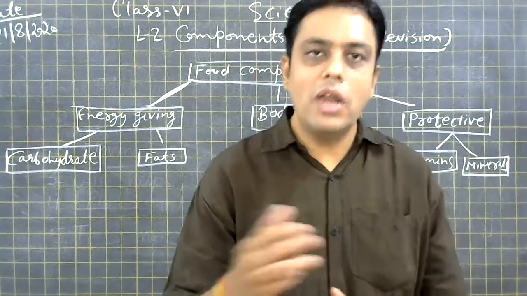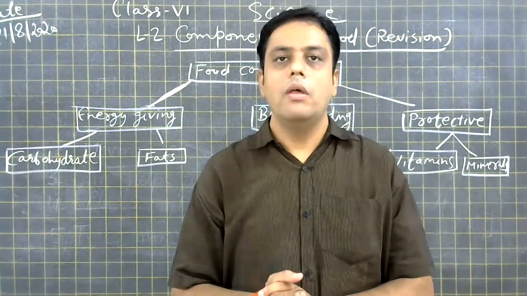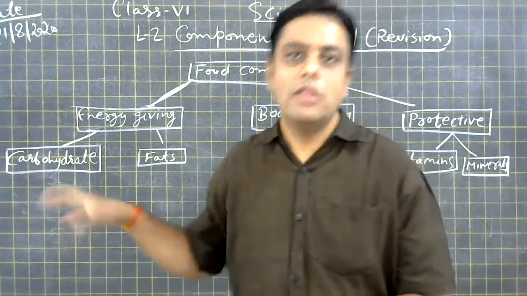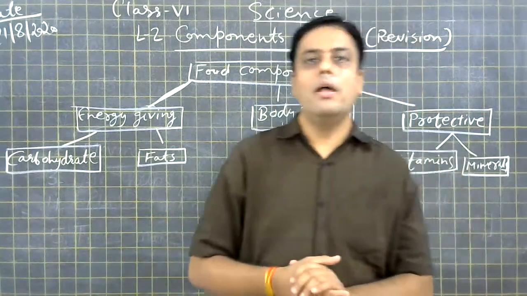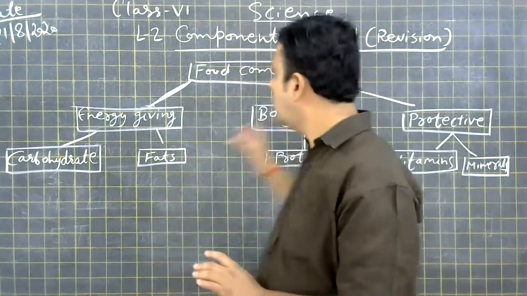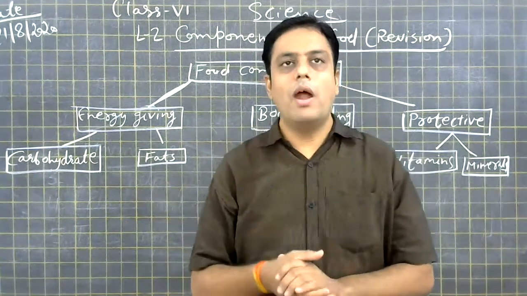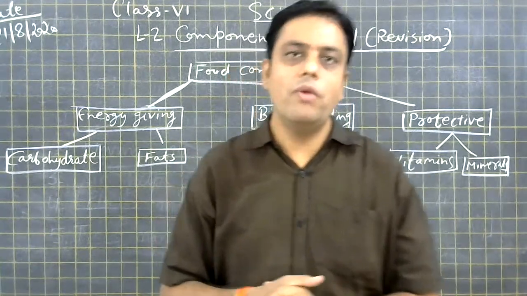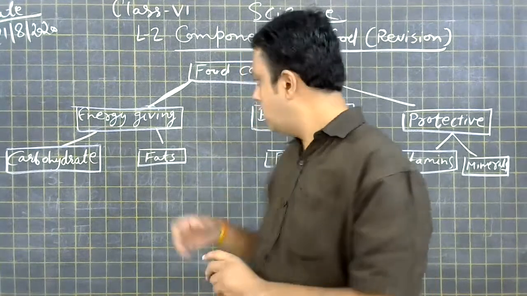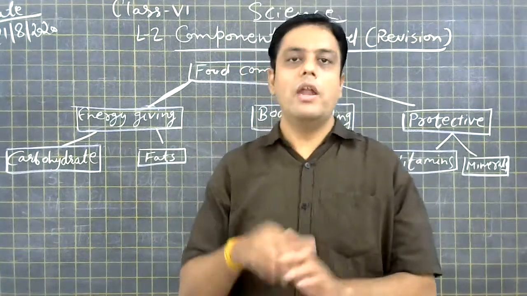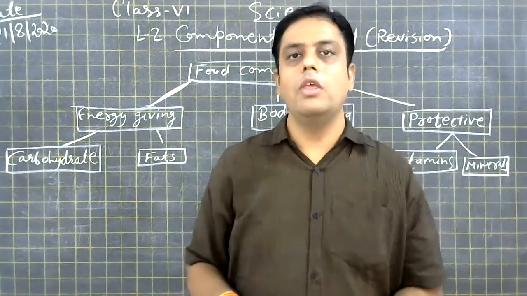What types of nutrients do we get from foods? And if we do not get the nutrients, what will happen to our body? What types of diseases will occur in our body? This lesson is about all these things.